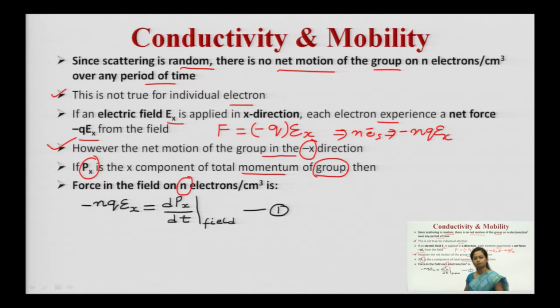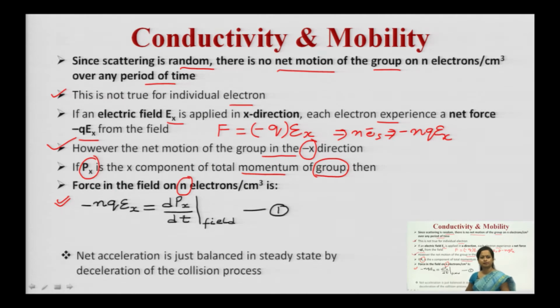Px is the momentum along the x-axis, and it varies with respect to time. So this is how you can equate the force acting on a group of n electrons.